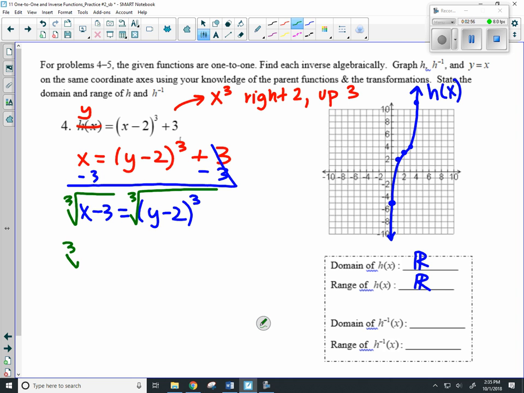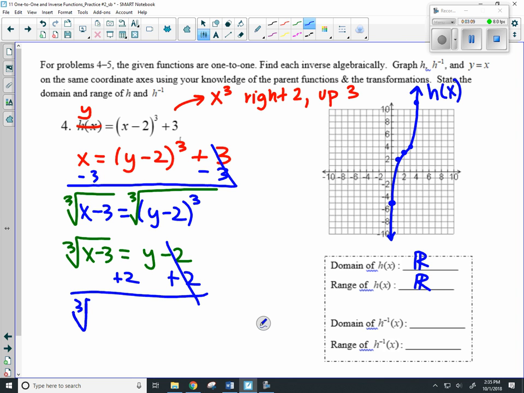So we end up with the cube root of x minus 3 on the left, and on the right we just have y minus 2. And last but not least, we're going to add 2 to both sides. This 2 is going to go after the cube root symbol. So that's your inverse.